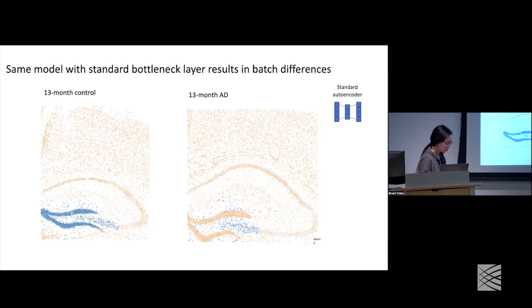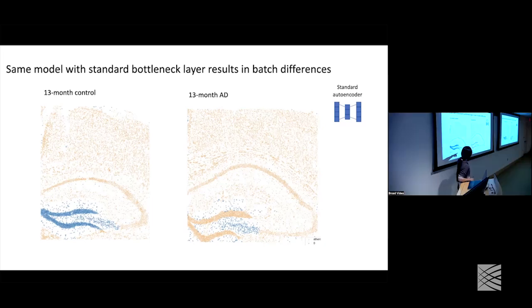So if instead we use a standard autoencoder with a bottleneck layer and keep all the architectures the same otherwise, we will not be able to identify the consistent clusters across different mice. Here in blue, you're seeing all the cells in the same cluster, but the cells in that same cluster are mostly in the DG region in the 13-month control, but they are outside of the DG region in the 13-month AD if you're using a standard autoencoder.